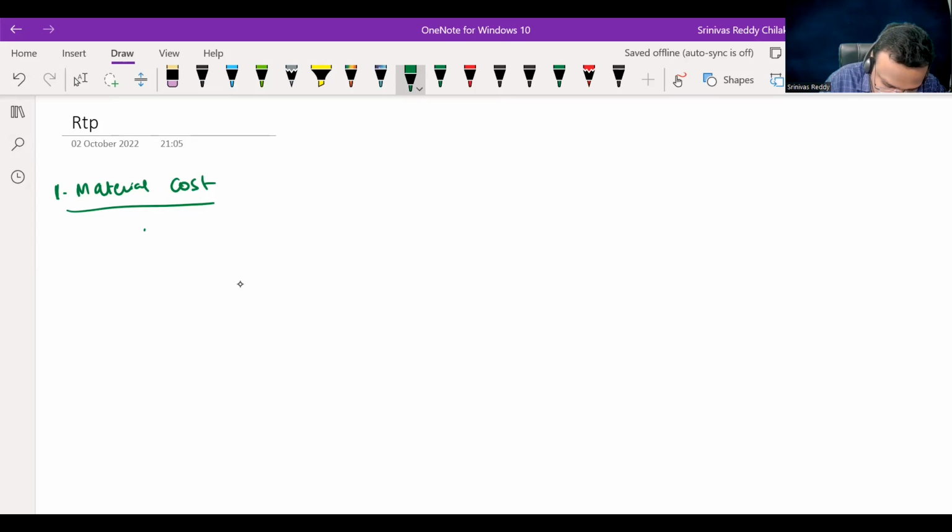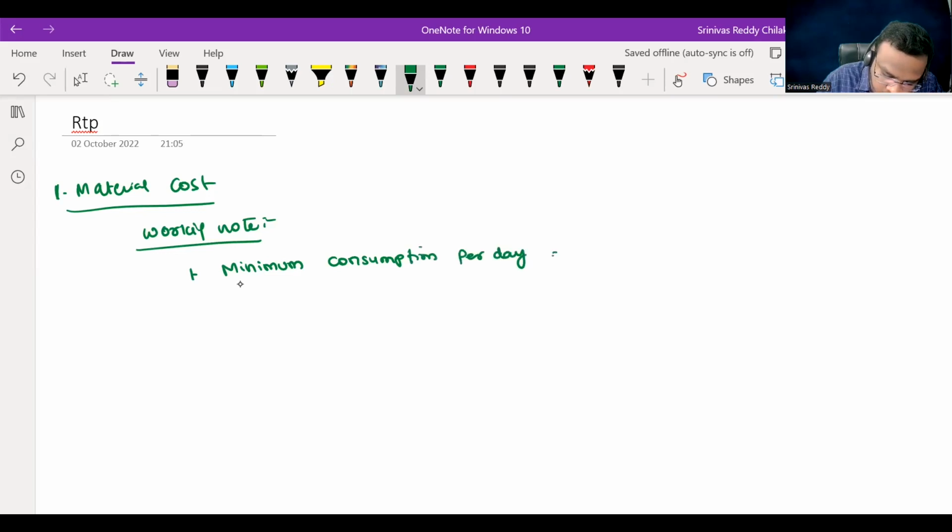It is about what is the minimum consumption per day? 210 divided by 7, 30 kgs. Second one, maximum consumption per day, 350 divided by 7, 50 kgs.